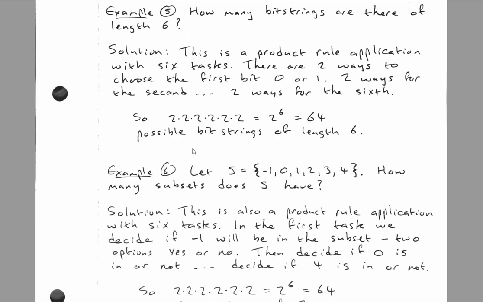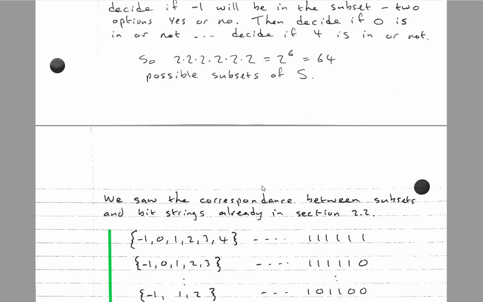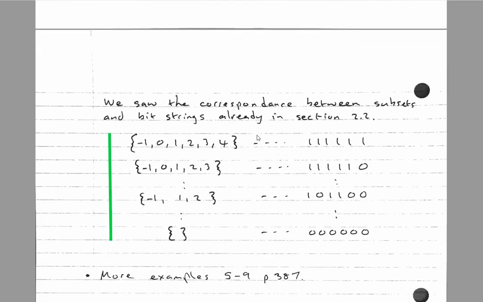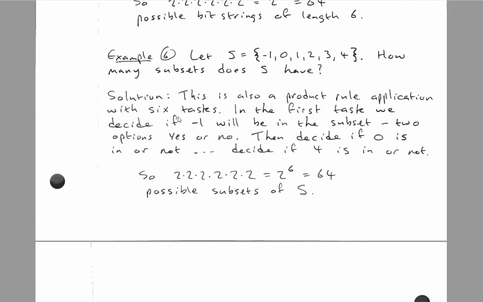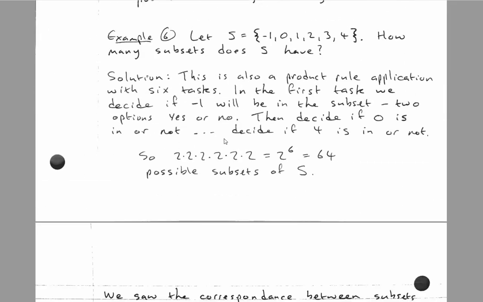And again, these 2 examples are really the same. Remember we saw when we looked at sets in section 2.2 that subsets correspond to bit strings. So instead of using yes or no, we could use 1 and 0.